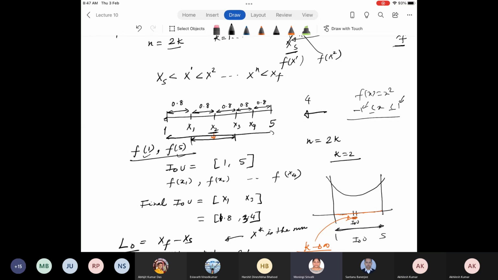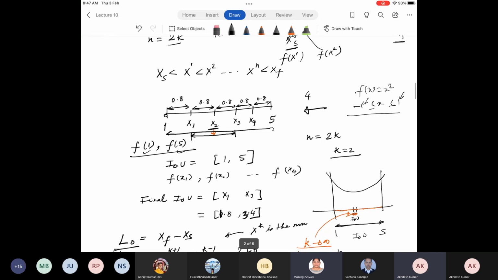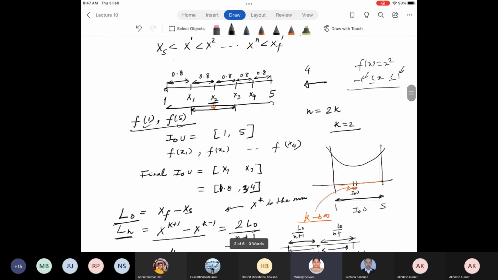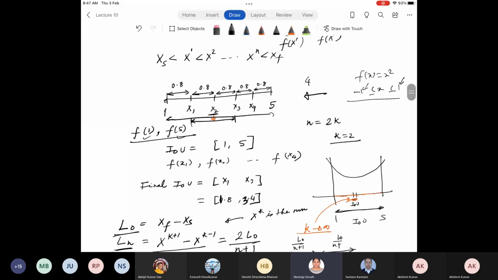That I understood. Suppose in this question we have taken 0.8 step size, and if our solution is between x1, x2, x3, x4, then we will definitely get a solution. But if our solution lies between 1 and x1, then we will not get a solution. Why?